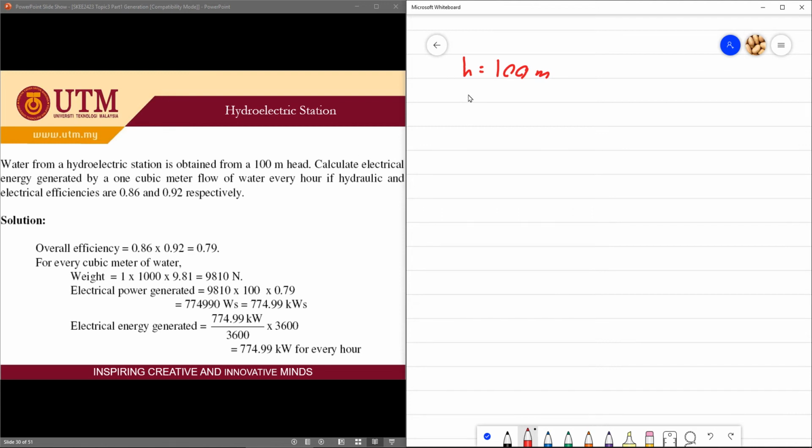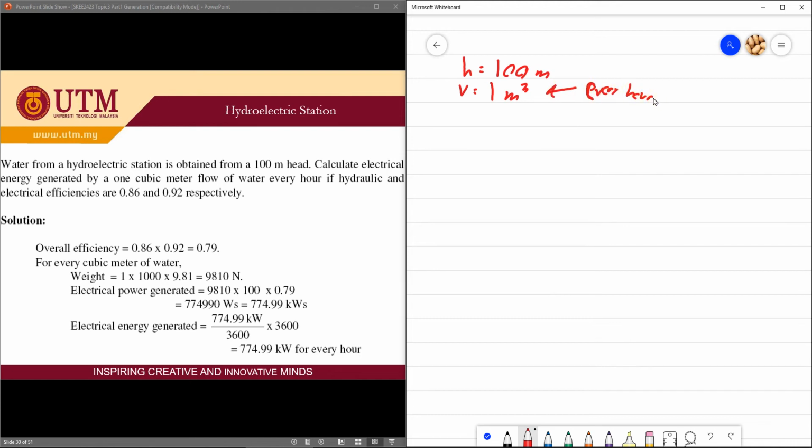So you can see here 1 cubic meter of water, so volume is 1 m cube of water every hour.